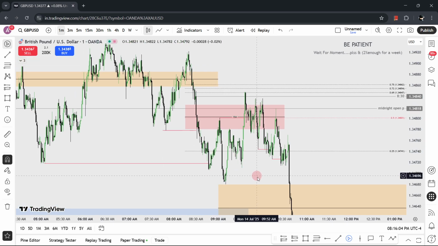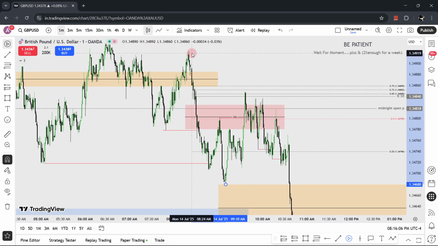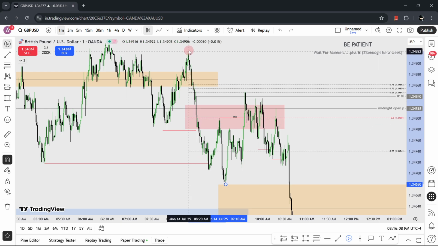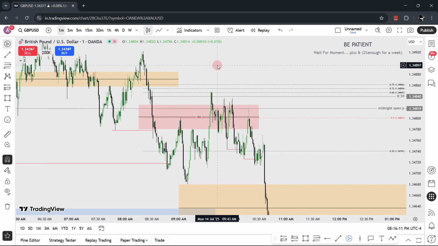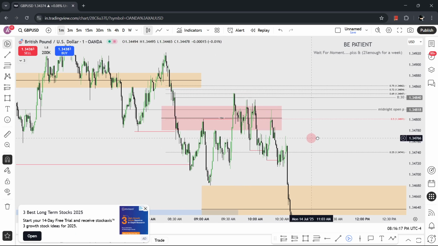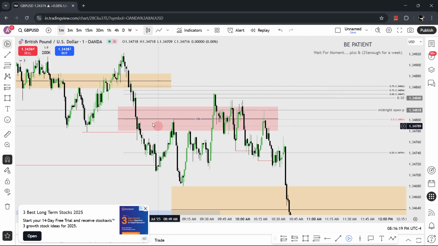This low to this high, okay? You can see this 15-minute fair value gap. Market went to the 0.69 level and have a look at here, okay?